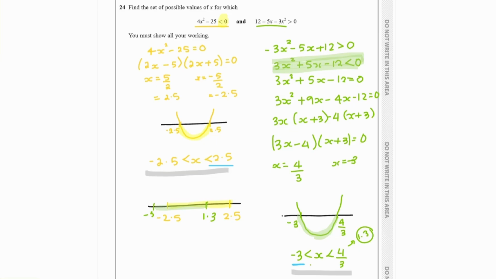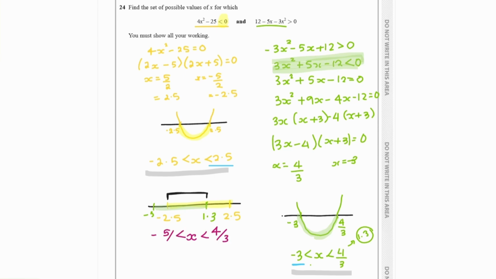However, because we are looking for the set of values which satisfy both inequalities, that means that we are going to be looking for the area in which there is an overlap of both of these, which means this is the only area in which x lies for both of these inequalities. So we can use the minus 2.5 from the first inequality and the 1.3 from the second inequality.